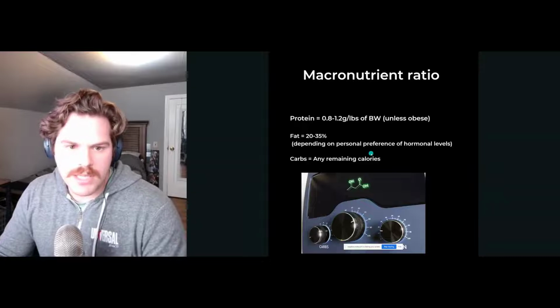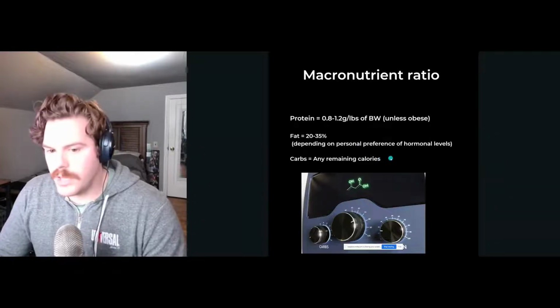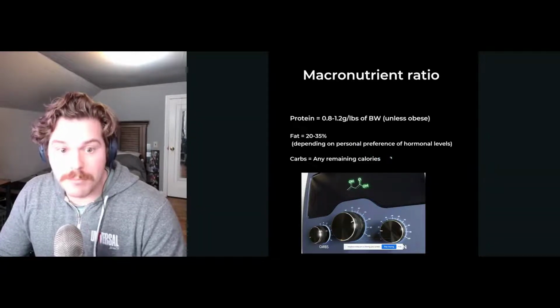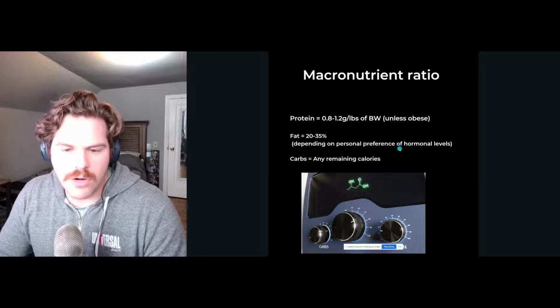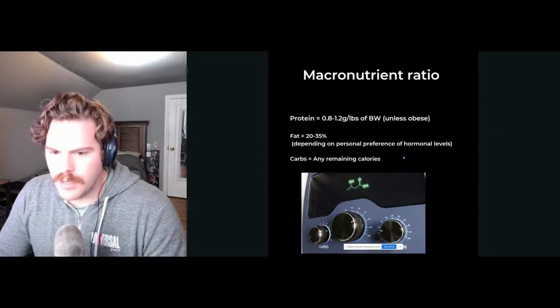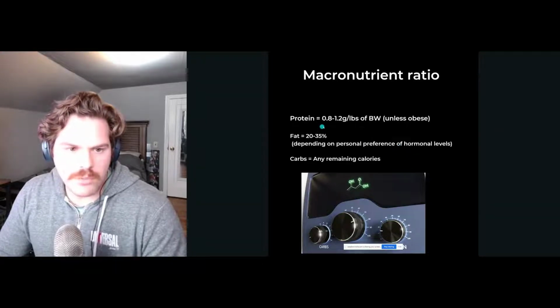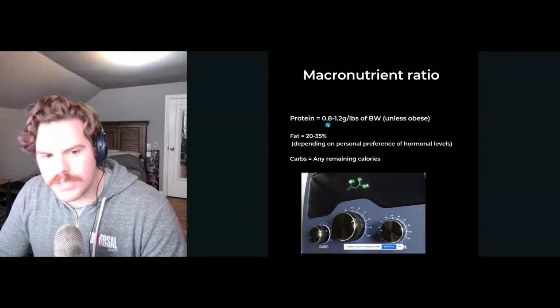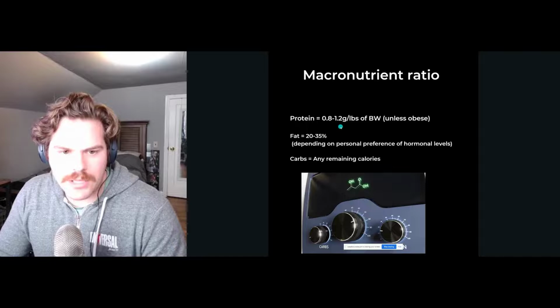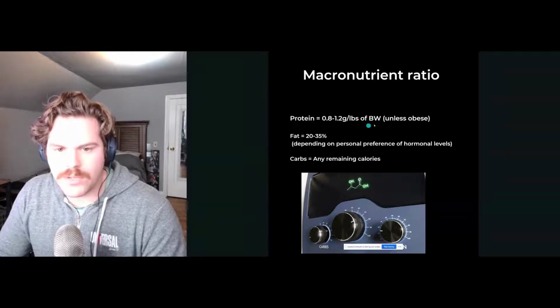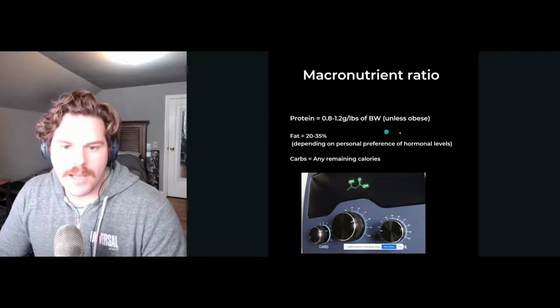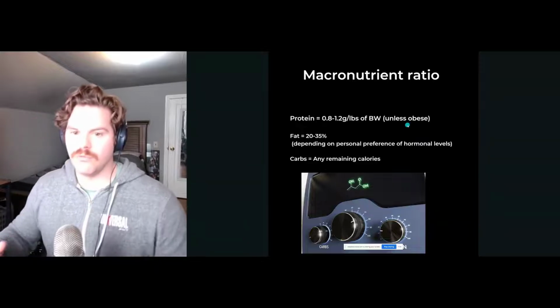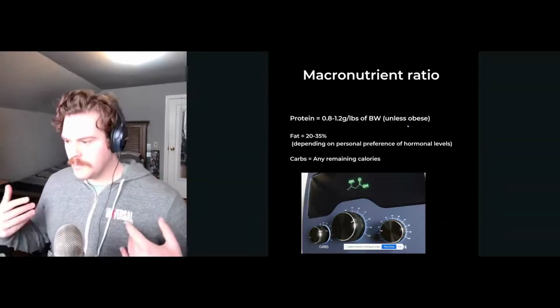So protein is going to help us with keeping lean muscle mass, and building lean muscle mass if you are a beginner. Usually the range is, sometimes it's 0.7, but for now it's 0.8 to 1.2 grams per pound of body weight, unless you are obese or really, really high in weight.